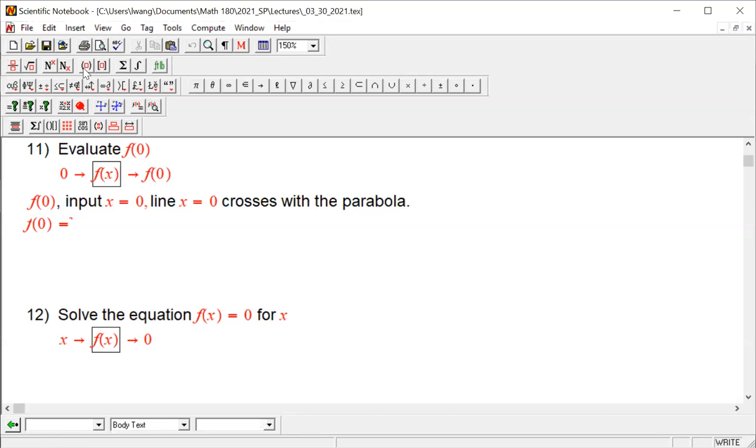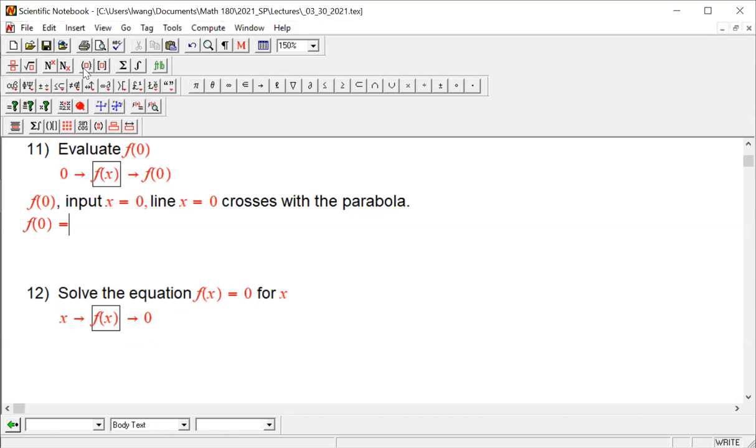All right, so now we understand that meaning of f of 0. Does this look familiar? Did we do f of 0 sometime before? Yes. When did we do it? For the y-intercept, right? Yes, that's right. So question number 11 and question number 3 are really the same question, aren't they?